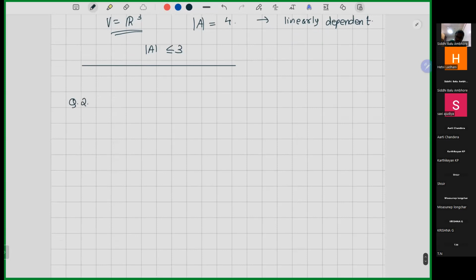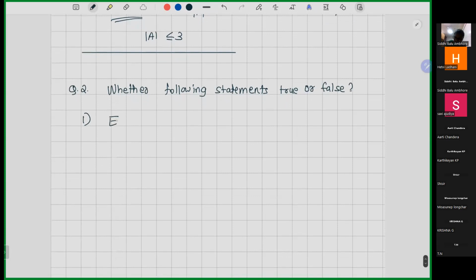So let us move to this second question. We check whether the following statements are true or false. First let me write that: every vector space over R has a finite basis.